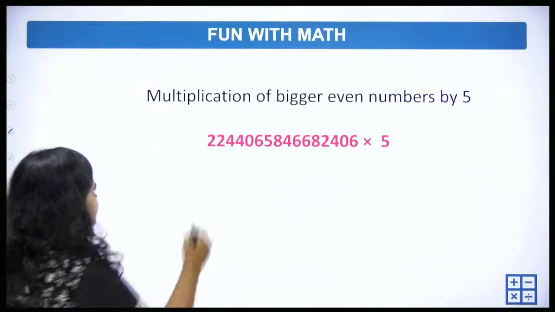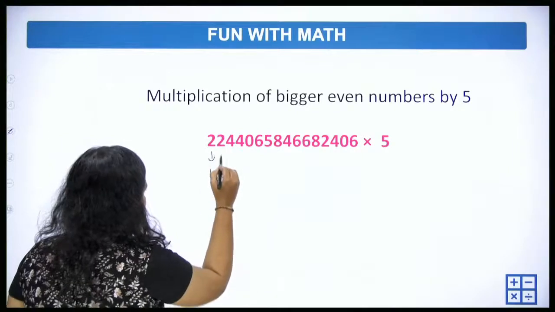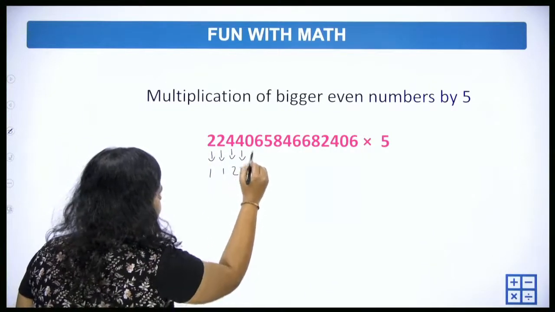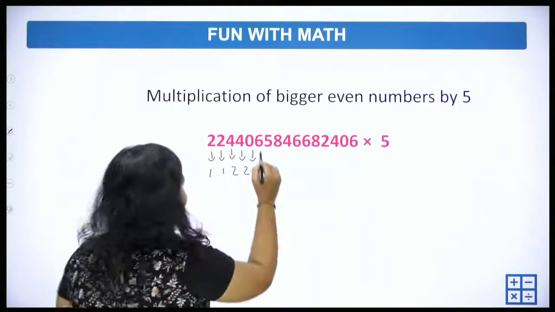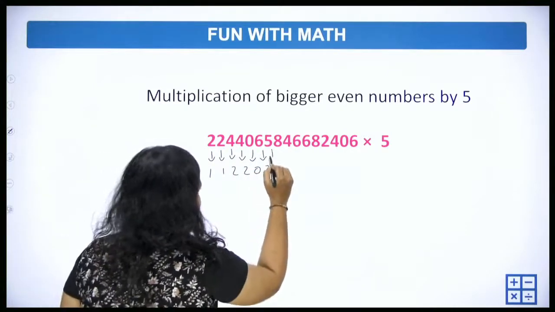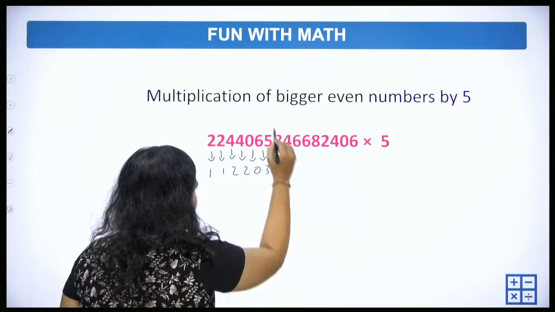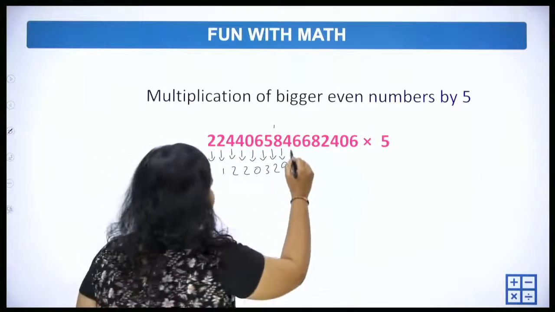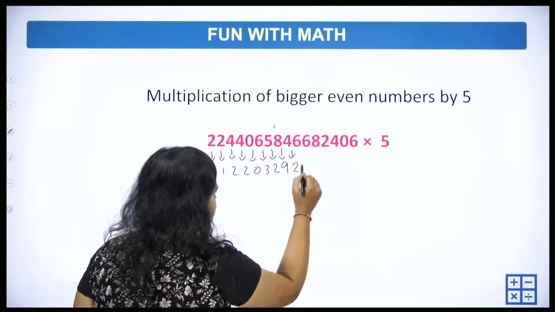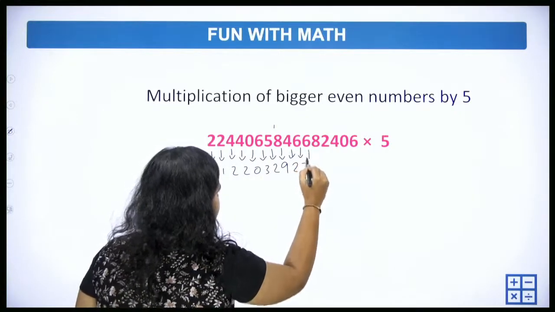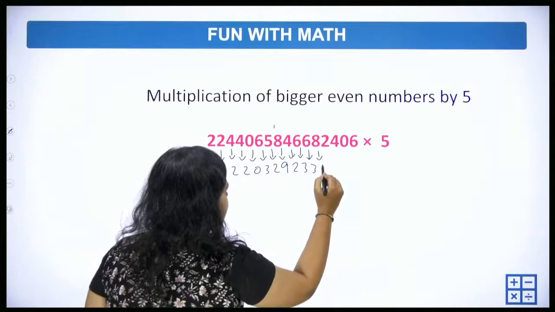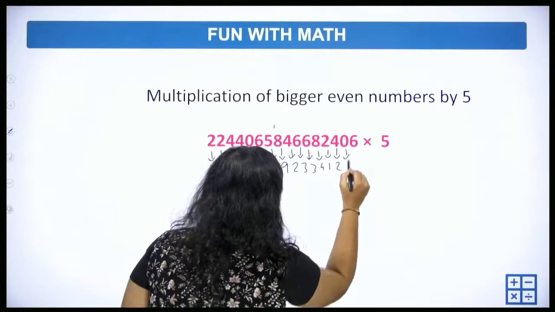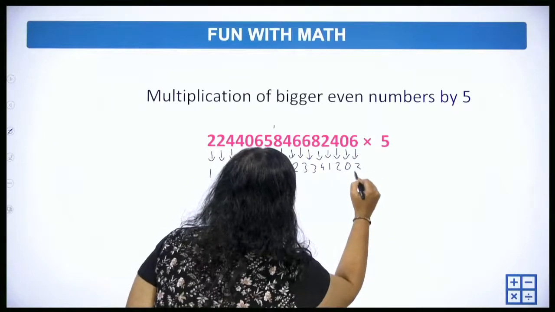So start. So for 2 it becomes 1, 1, 2, 2, 0 comes as it is, 6 becomes 3, 5. So you are dividing by 2 and 1 gone, 18 is 9, right? So for 4 on division by 2 becomes 2, 3, 3, 8 becomes 4, 1, 4 becomes 2, 0 as it is and 6 comes as 3.